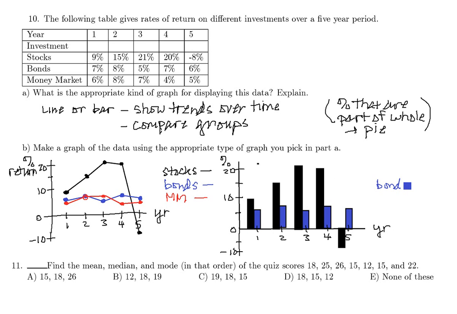And then we'll do our money market, and those will be red. Money markets were 6% that first year, just a little lower than bonds. So on this side, have a bar come up just slightly lower than that blue bar. And then 8%, so these were even.